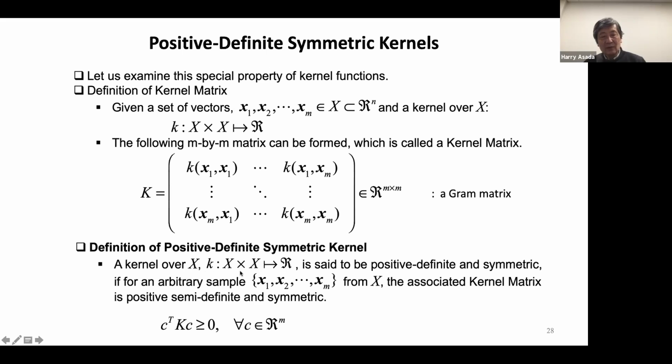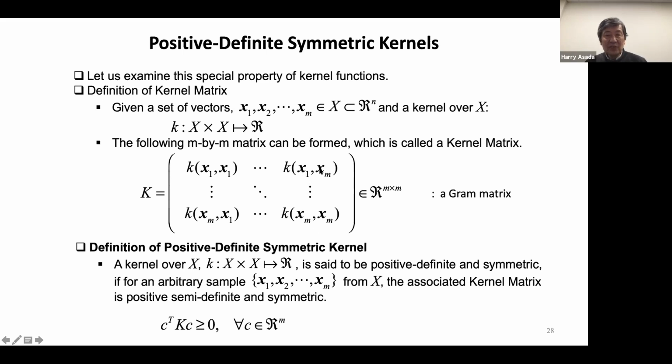That's the kernel function. It is said to be positive definite and symmetric if, for arbitrary samples from X, the associated kernel matrix is positive semi-definite and symmetric. Symmetry is obvious, right?